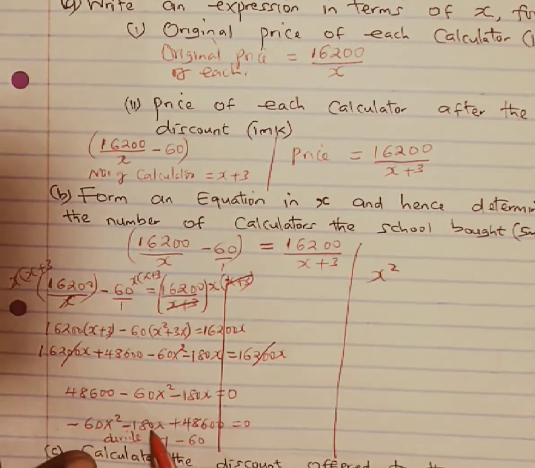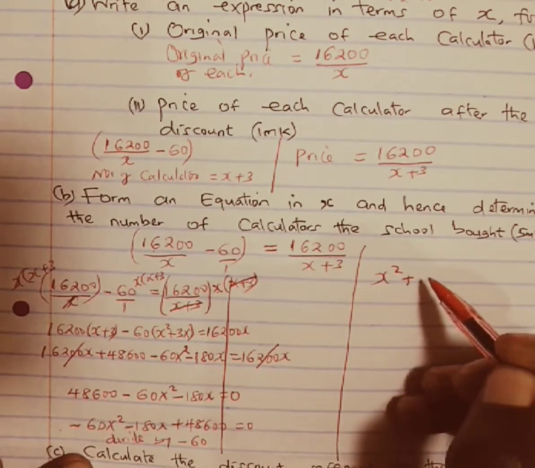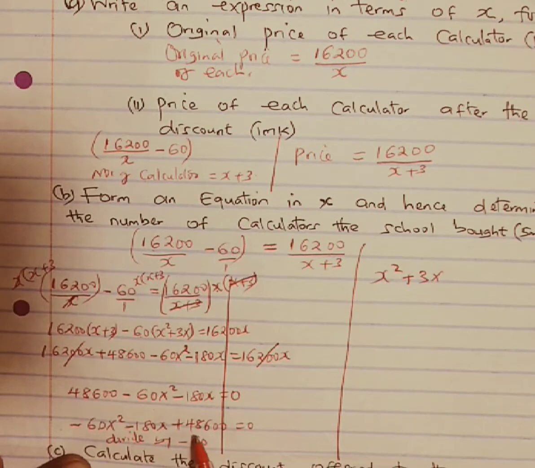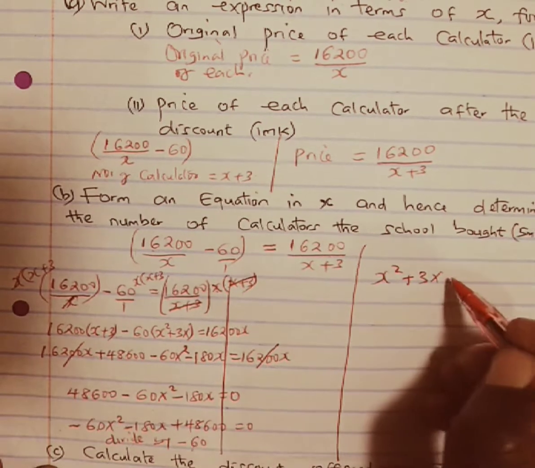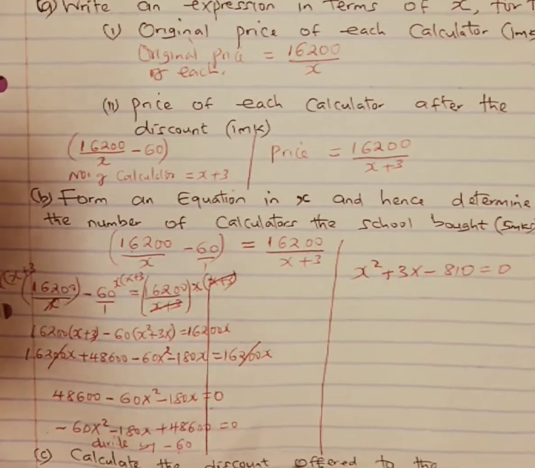Then negative 180X divided by negative 60, you get positive 3X. Then positive 48,600 divided by negative 60, you get minus 810, being equal to 0.